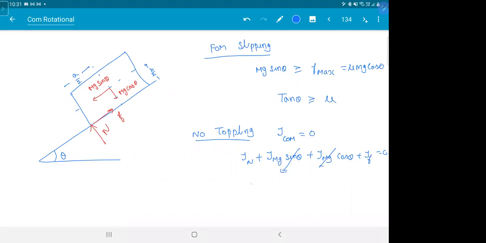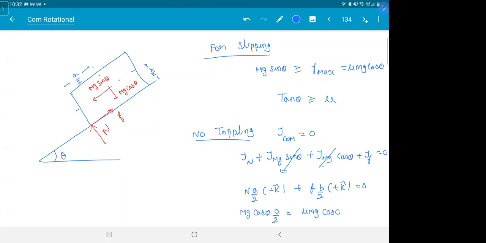Both are passing through center of mass. N's torque will be N into perpendicular distance a by 2. That's what is trying to keep you together. Plus friction into b by 2. Friction is the one who is trying to topple. N is how much? mg cos theta. Friction would be mu mg cos theta.